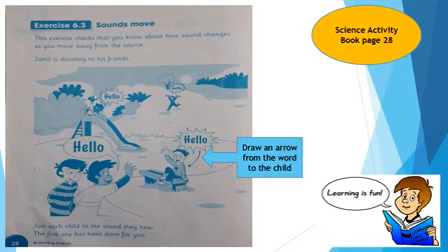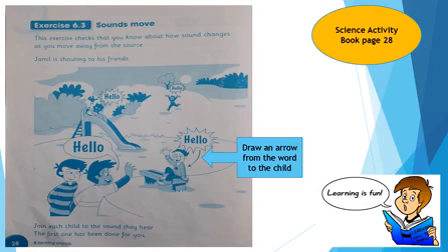Okay, kids, for another activity, please open your science activity book, page 28. On page 28, you will find this activity: exercise 6.3, sounds move. This exercise checks that you know how sound changes as you move away from the source. So Jamil is shouting to his friends, if you observe. Join each child to the sound they hear.